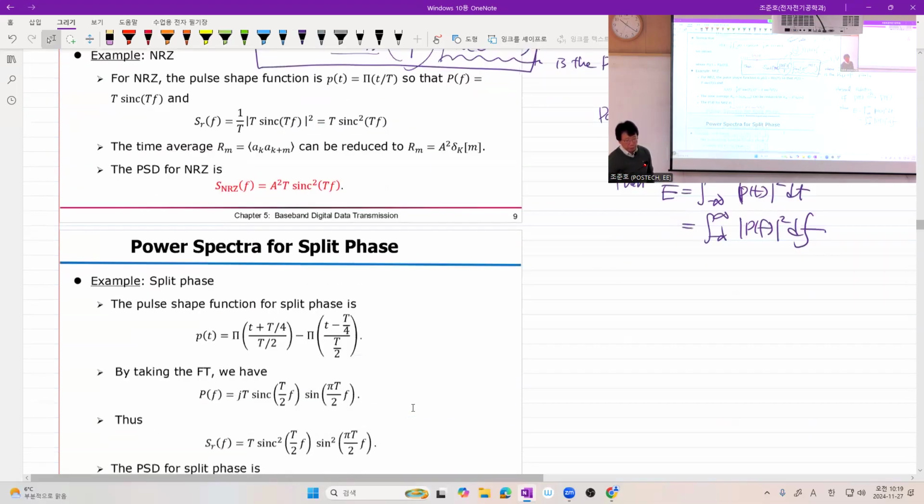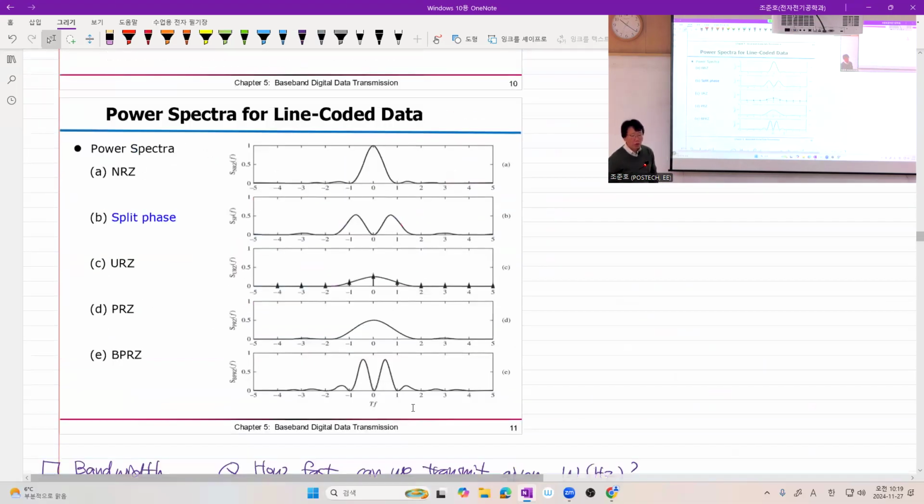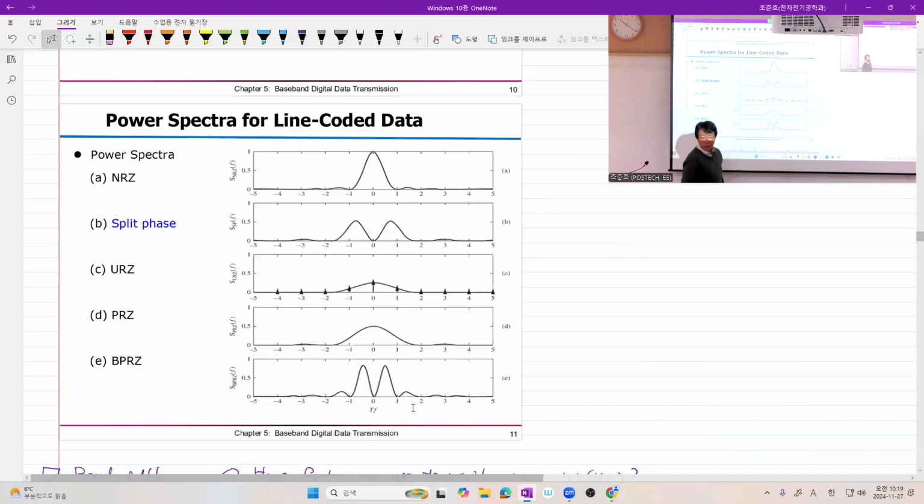Now, let's see some power spectra, spectra meaning spectrums, for line-coded data. So the other cases, then NRZ and where is split phase? This is Manchester, I believe, right?